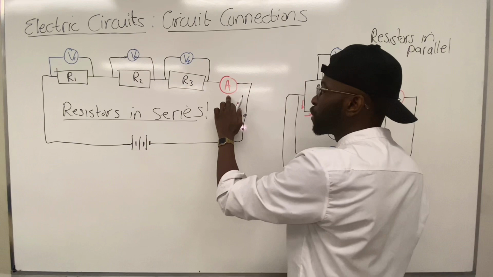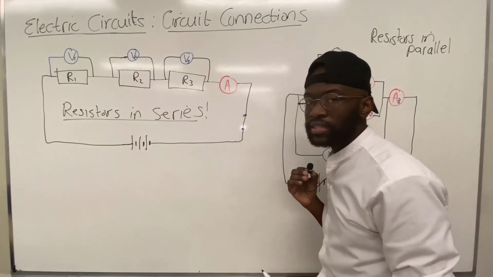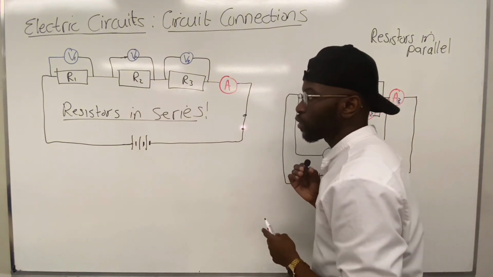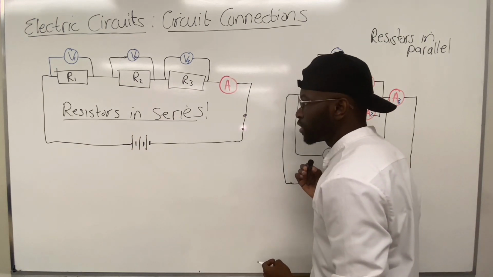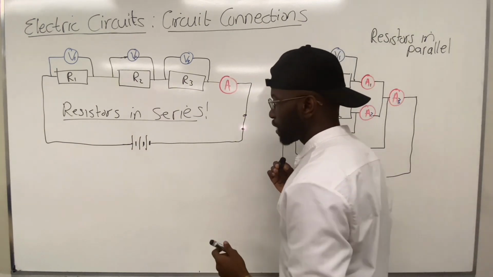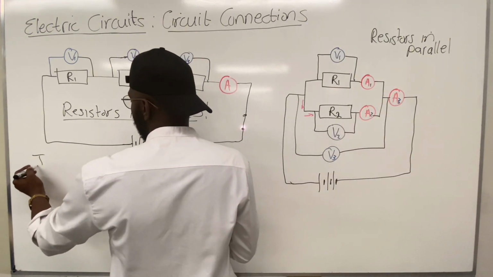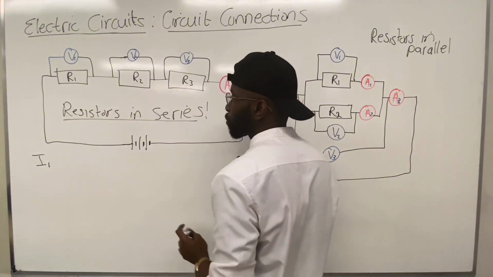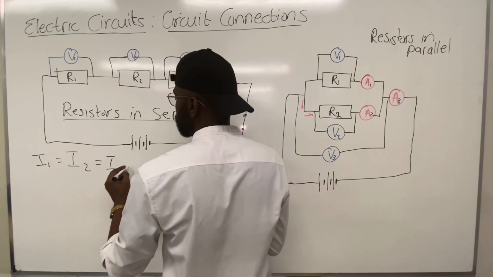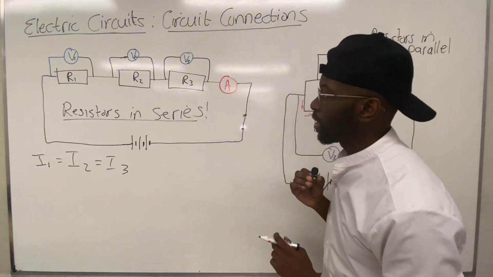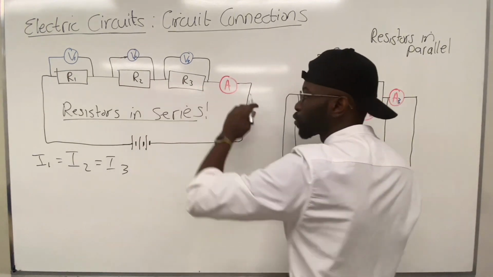If we have a current at R3 as 5 amperes, the current at R2 will also be 5 amperes, and the current at R1 will also be 5 amperes. Let's note that down. In a series connection, I1, the current at 1, will be equal to the current at 2, equal to the current at 3. They are all equal because this current only has one path to flow through.